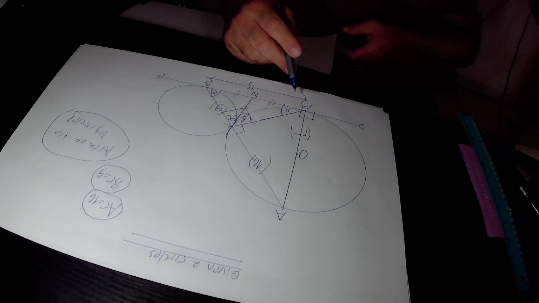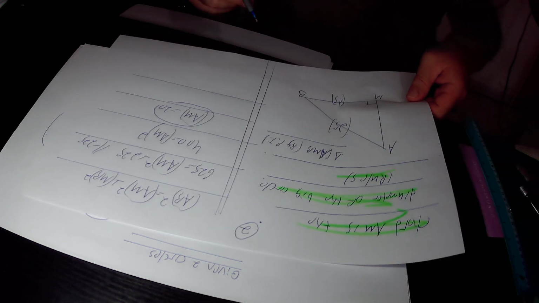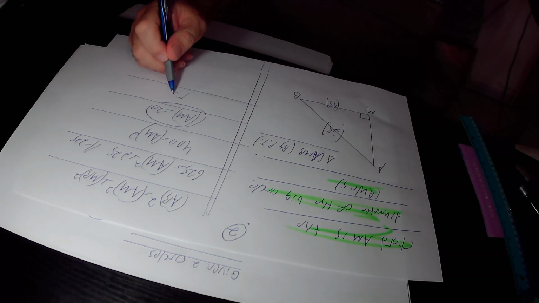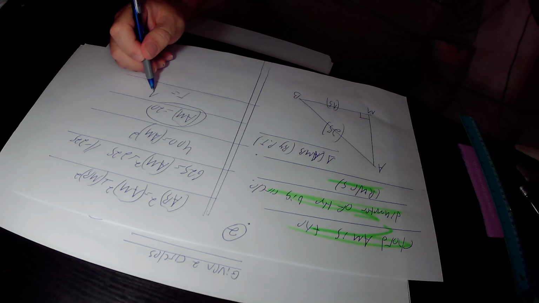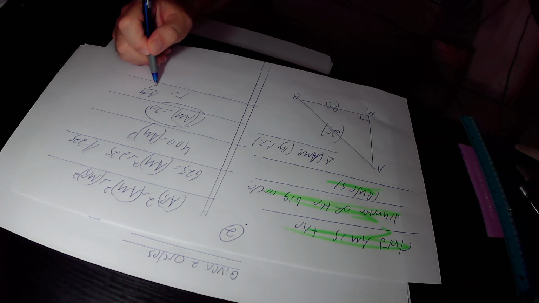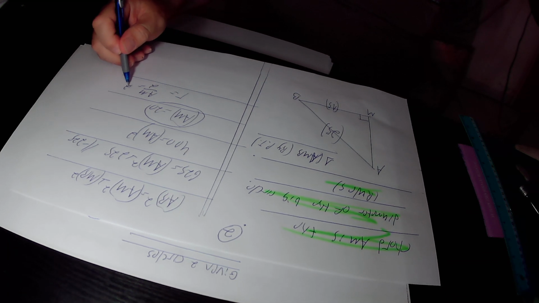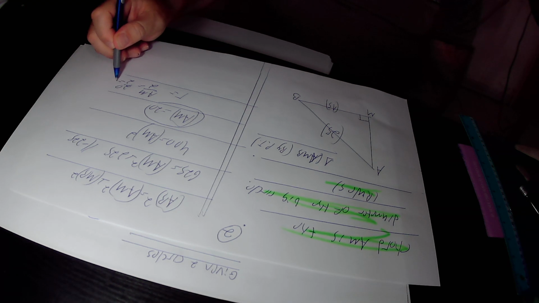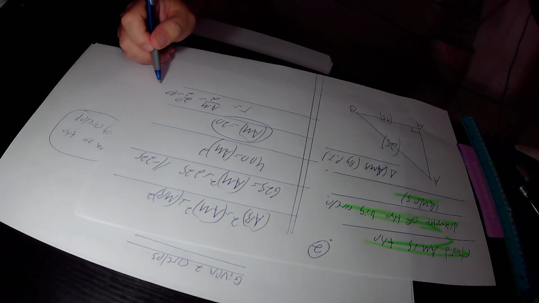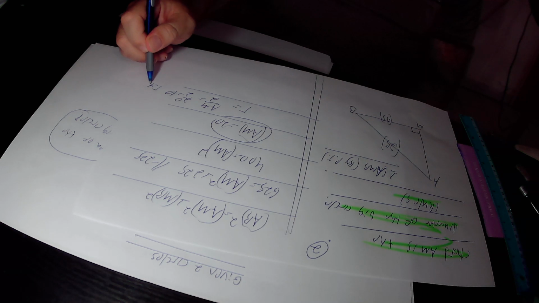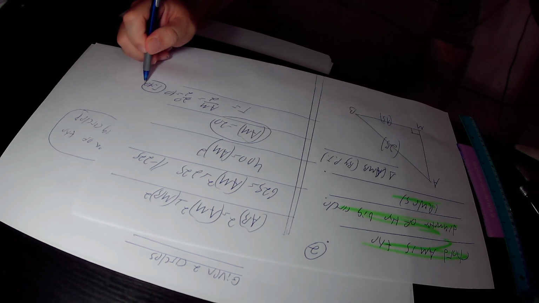So if the diameter is 20, the radius must be equal to 20 over 2, that is 10. So the radius of the big circle is the diameter AM over 2, which is 10 units in length.